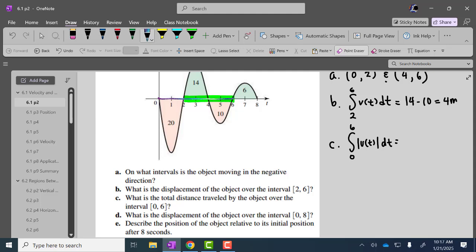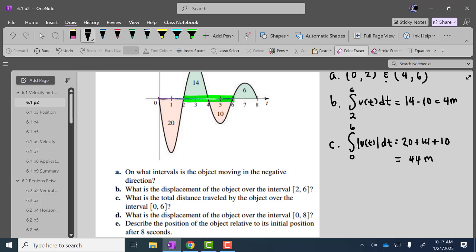What is the distance traveled? 44 meters. So distance traveled is going to be the upper area plus these lower areas. Everyone agree with that? So we're going to have 20 plus 14 plus 10, so 44. And again, units are meters.